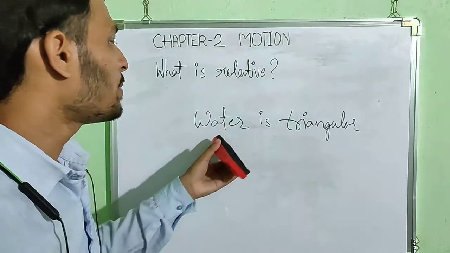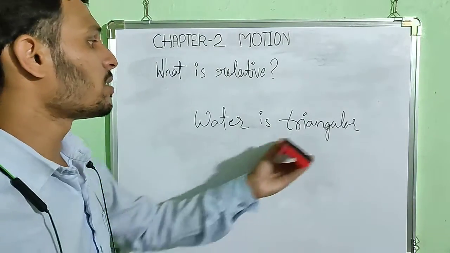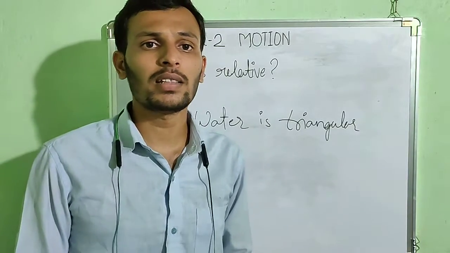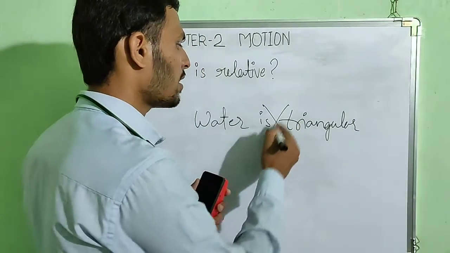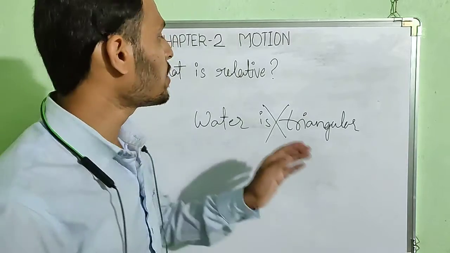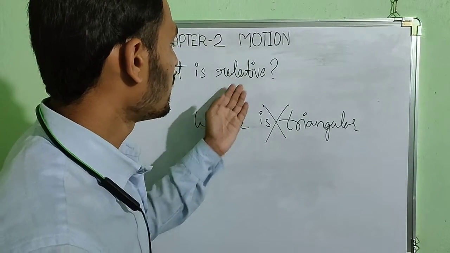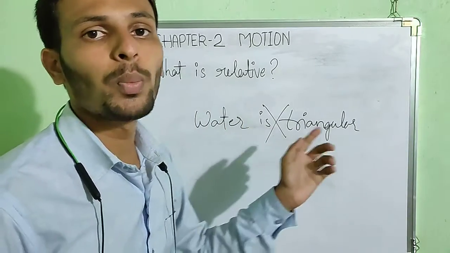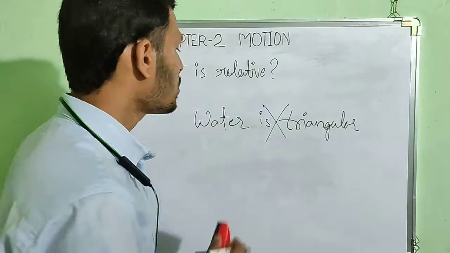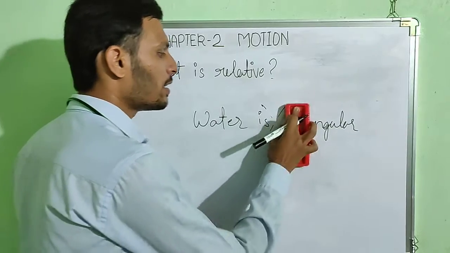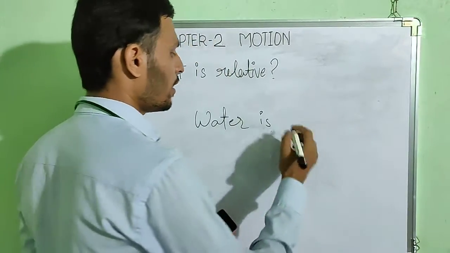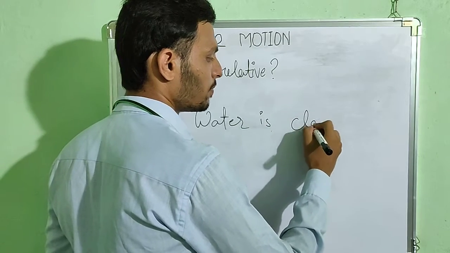But does it make any sense? Water is triangular. It doesn't make any sense. So there should be some relativity between the words to have a perfect meaning. Similarly, if I write, instead of triangular, the water is clean.